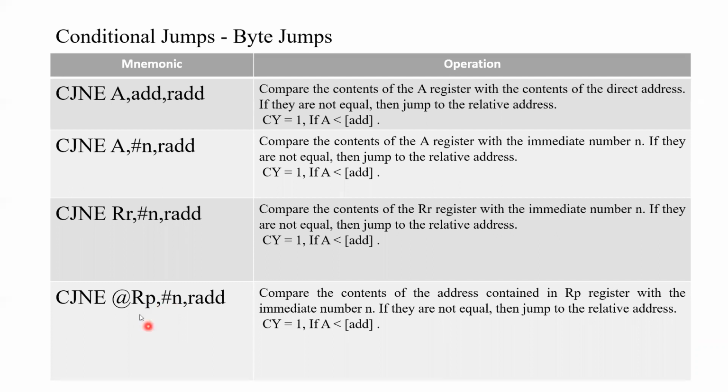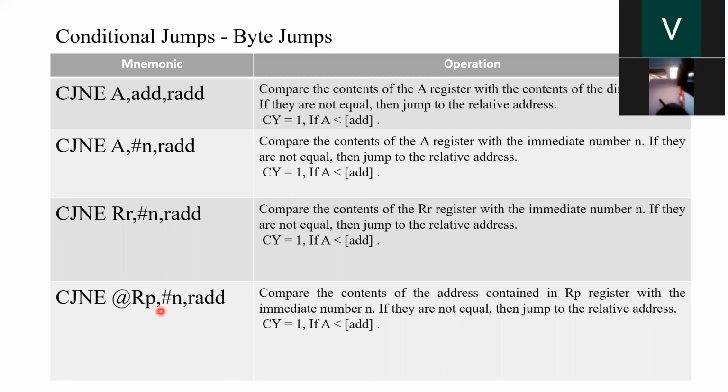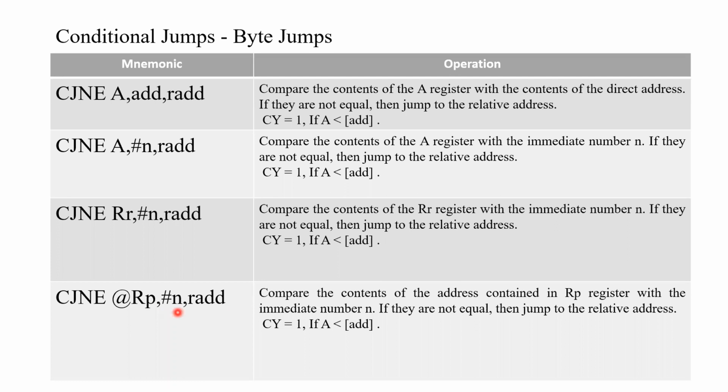It will go to that memory location, and the content in that memory location is compared with the immediate number, and if the content is not equal, it will jump to the relative address which is specified as part of the instruction. And if that content is less than the immediate number, it will set the carry flag to 1.